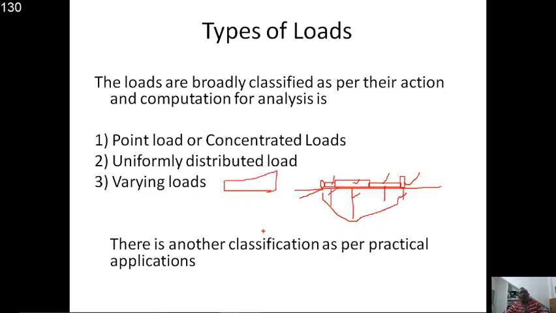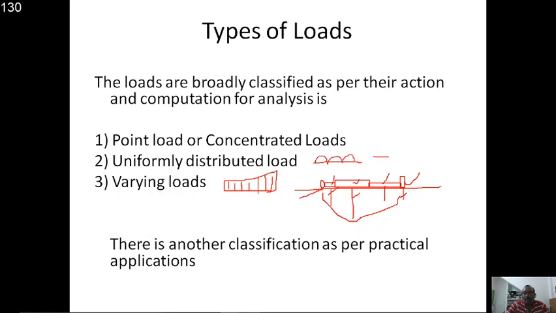So this type of loads, varying from point to point, are known as uniformly varying loads or non-uniformly varying loads, right? If it is uniformly distributed, then we say that is a UDL.